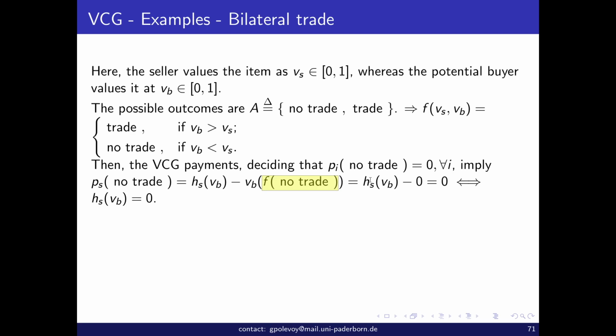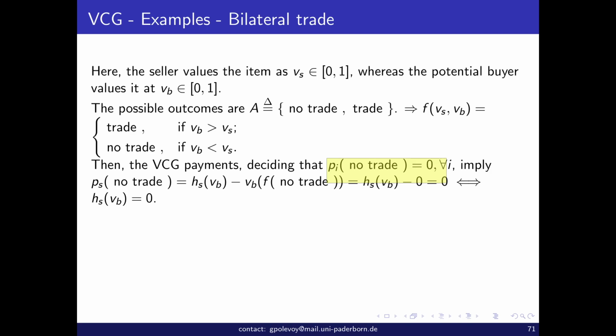So h_S of the value of the buyer minus 0, because the buyer values it at 0, since there is no trade, so the buyer does not get anything. And we require it to be equal to 0, because no trade means we require the payment to be 0. And that means that h_S of the value of the buyer is going to be 0.